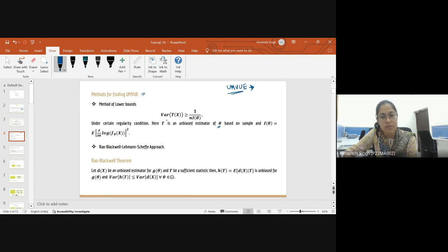The minimum variance unbiased estimator will have this variance, 1 upon n I(theta). If an estimator has this variance, then we'll say that it is a UMVU. Here I(theta) is nothing but the expected value of the square of del over del theta of log f_theta(x). This we call the Fisher information.